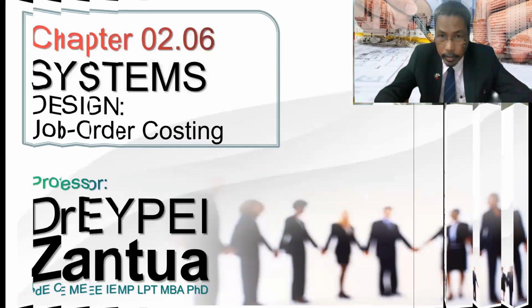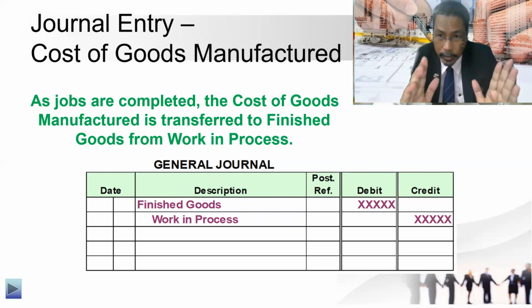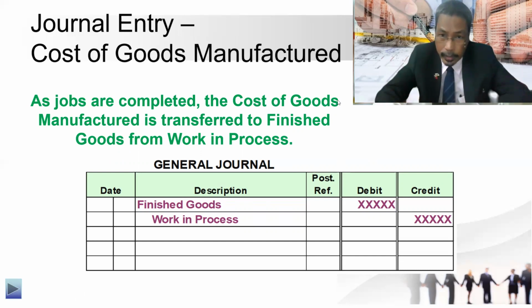Again, this ends our current module, and try to practice. From journal entry, you have to practice now the ledger entry, the posting, or doing it in T accounts. You don't know what T accounts are? Again, you need more explanation.